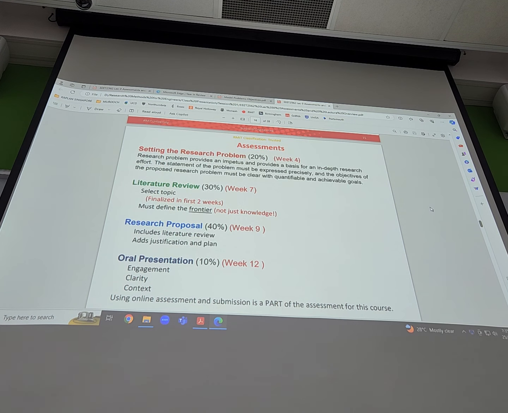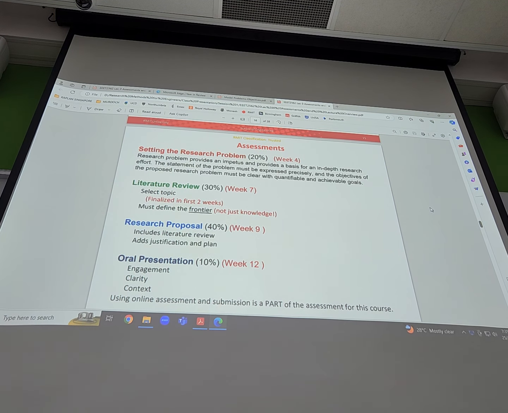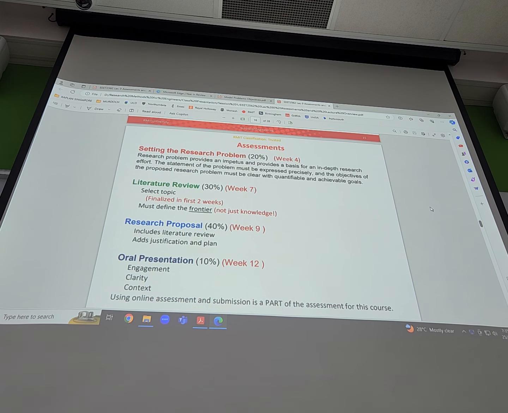The main thing is the clarity of your thinking. Normally we tell informally that a good project work should have at least clear objectives.